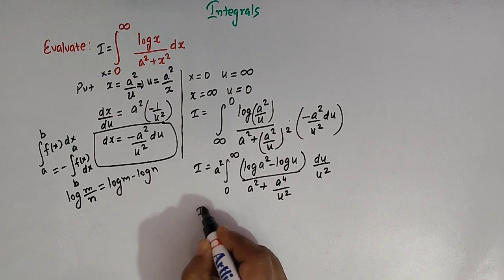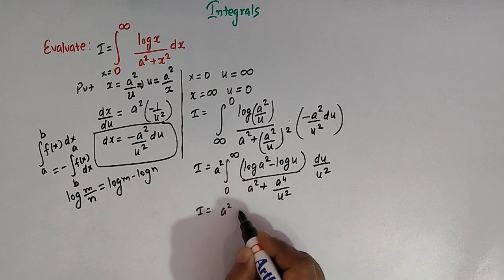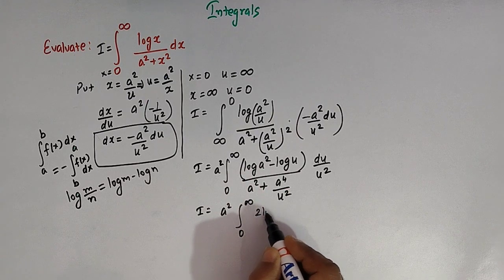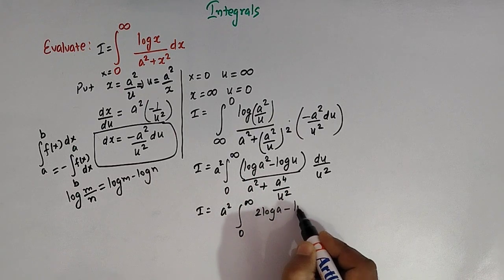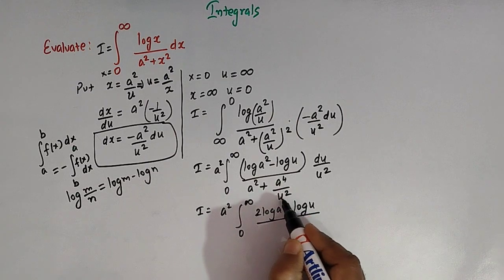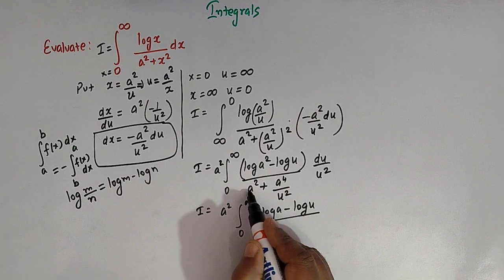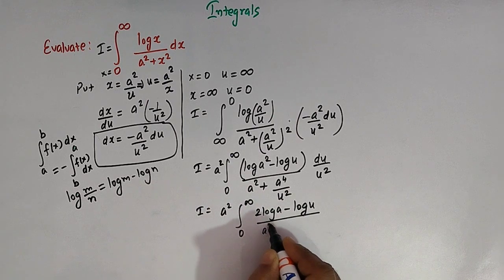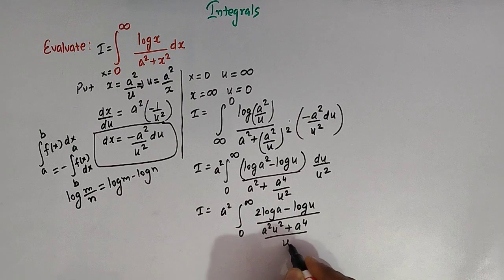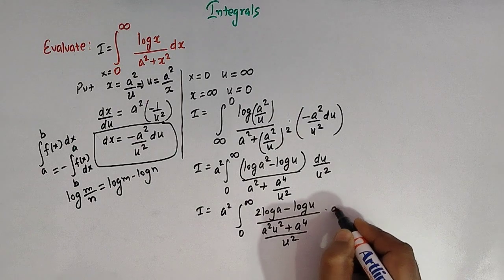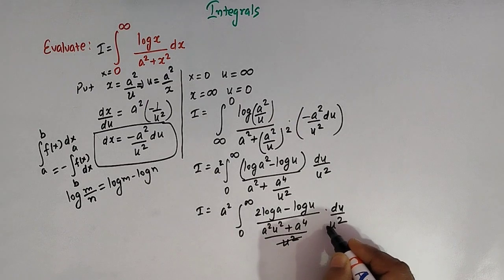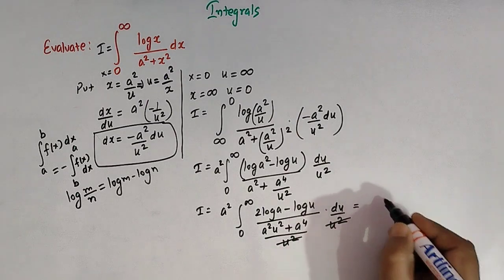So now we have a square, and we have 0 to infinity, and log a square is 2 log a, and here we have log of u divided by, here we can take u square, we can multiply a square with u square, so we have a square u square plus a raised to 4, and in the denominator we have u square, and here we have du over u square. So now these two terms get cancelled.